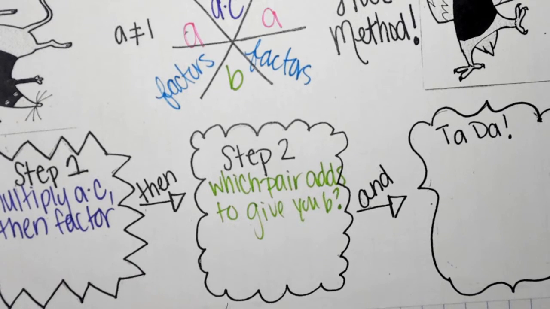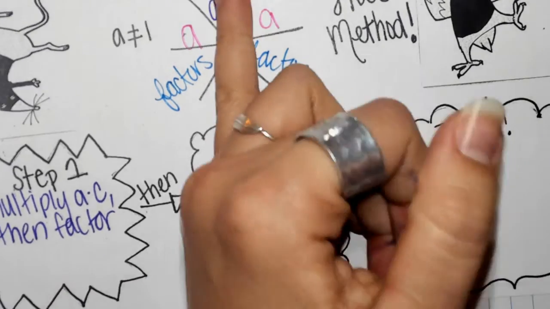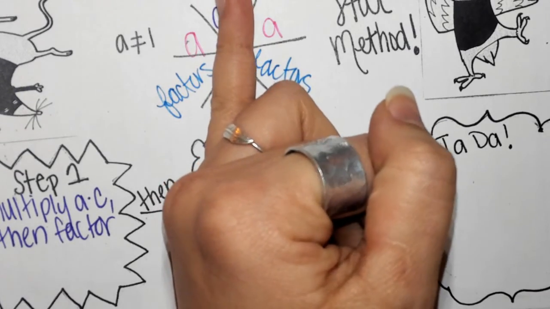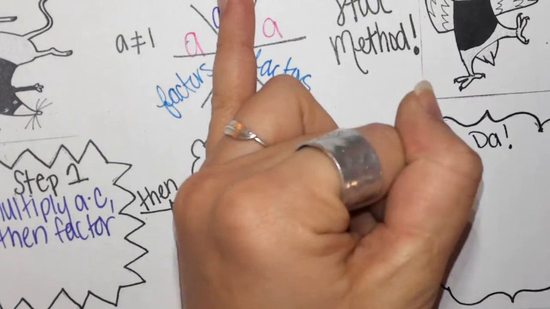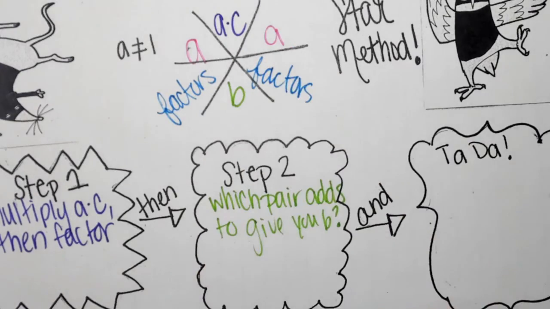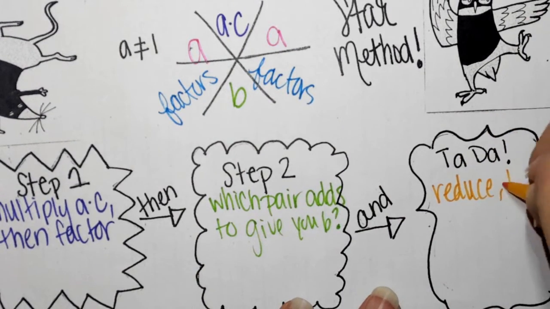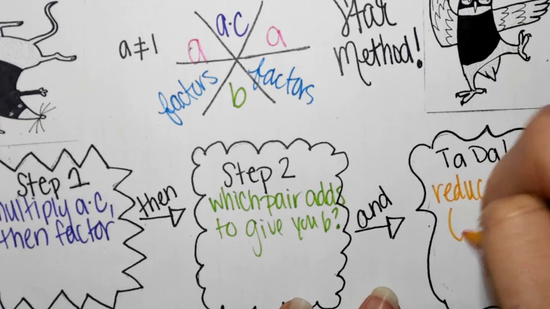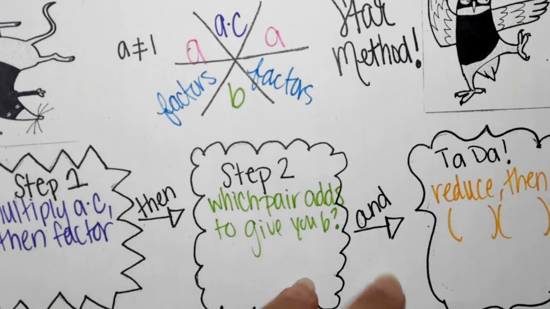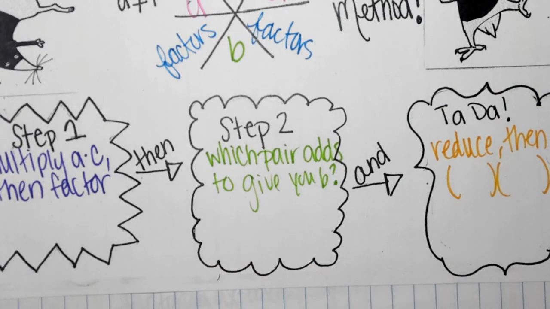And the last step kind of changes a little bit. Do you see how if I cover this up with my pinky up at the top, I have a fraction on both sides? So we have to reduce, then parentheses.